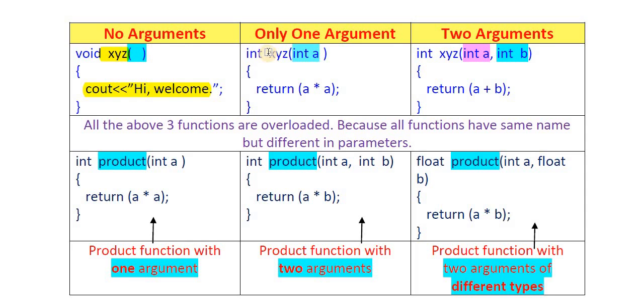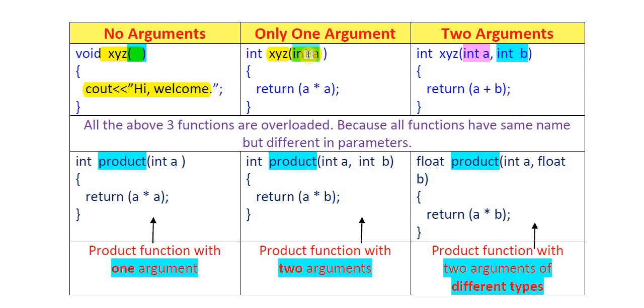In the next example, the same function name xyz is there. In the first example the function name was xyz, and in the second example also the function name is xyz. To overload, the function name should be the same but the parameters should be different. In the first function there are no parameters, but in this second example we are using one parameter.